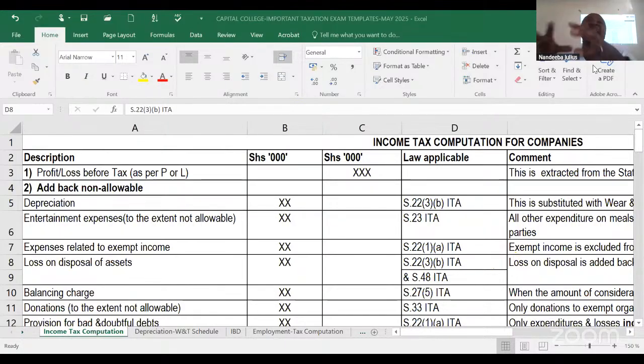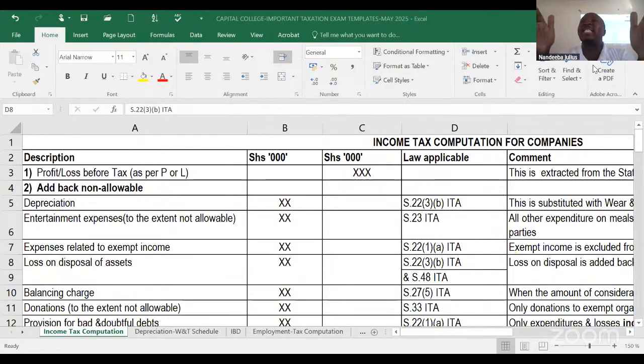So I'm going to comment on some of those specific sectors that you must be aware of when you see them. For example, when they bring you an entity that is in the manufacturing sector, then you know that when you're drawing your wear and tear schedule, you're going to have assets in class 2. I am going to repeat some of the things.